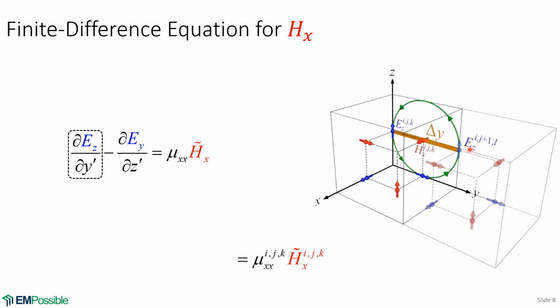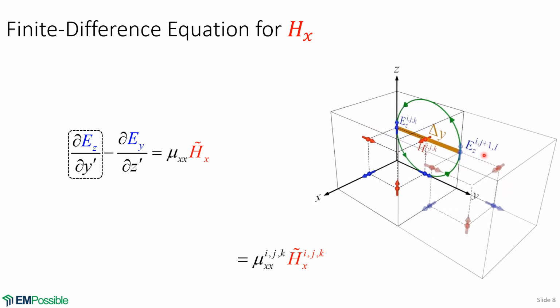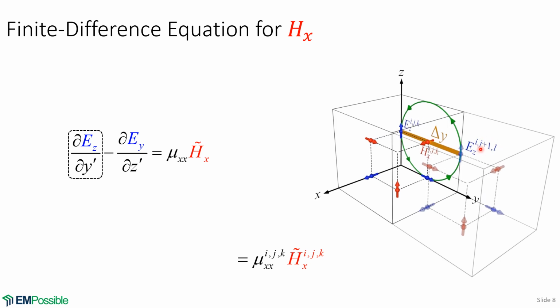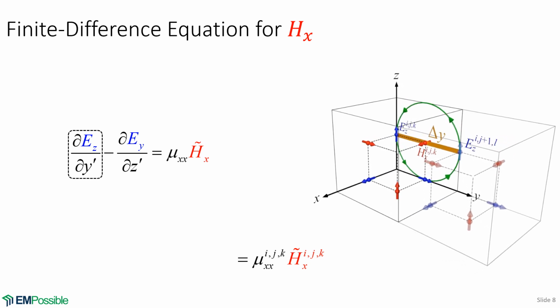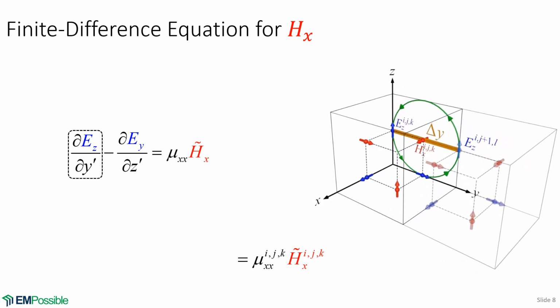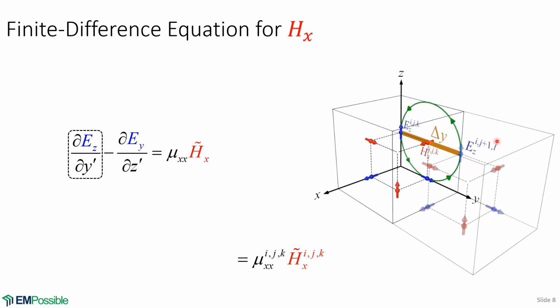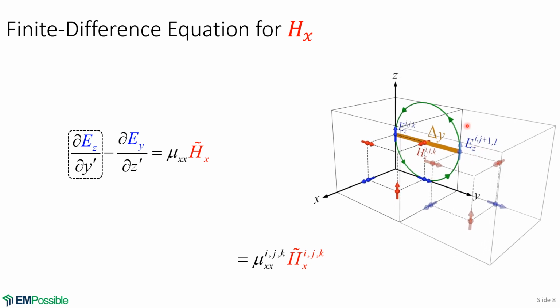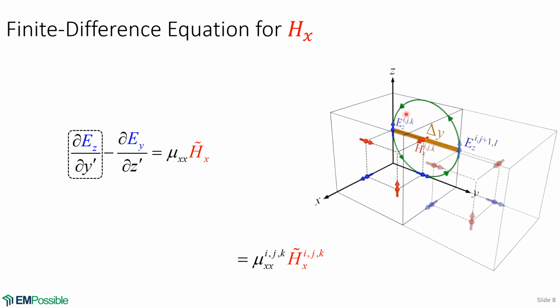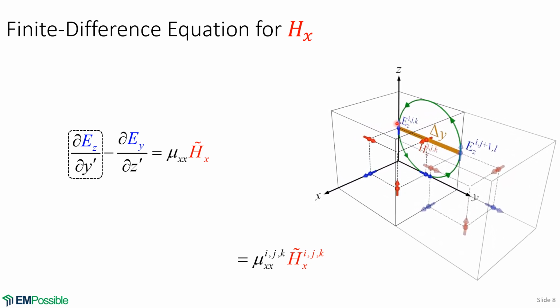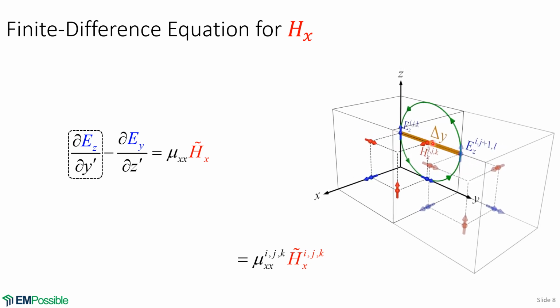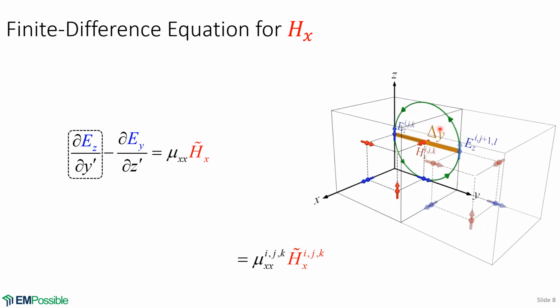That means we need Ez from the next cell over in the y direction, thus the j+1 array index. So our finite difference approximation would read as Ez from the next cell over minus Ez from the same cell divided by the spacing between them. And since they're spaced along the y-axis, the spacing is delta y.